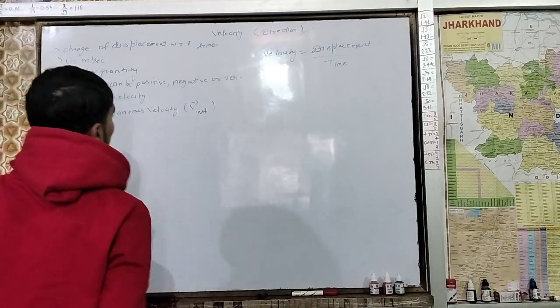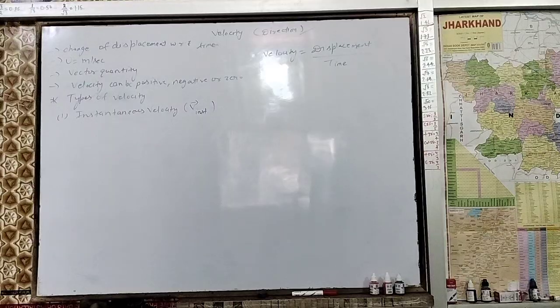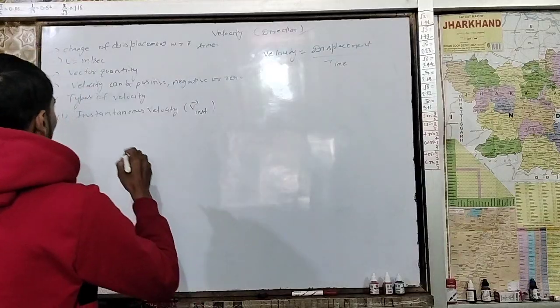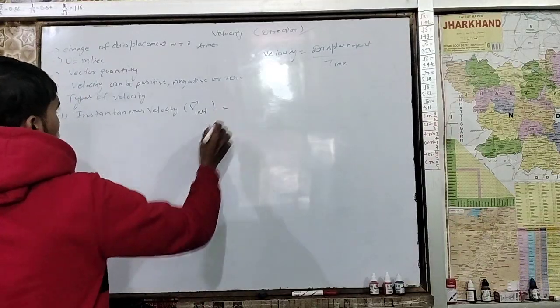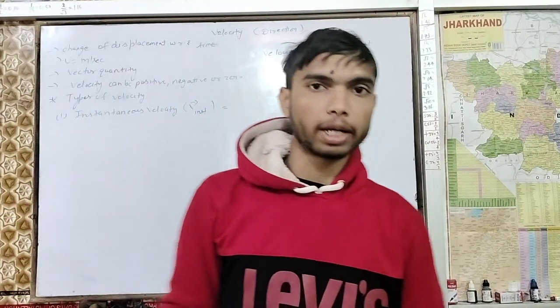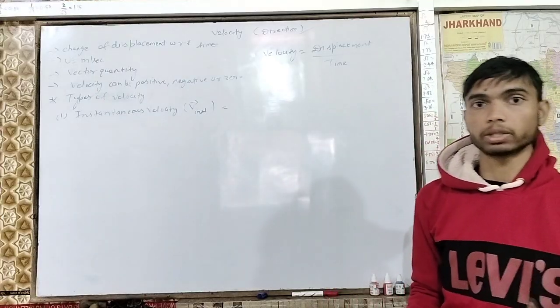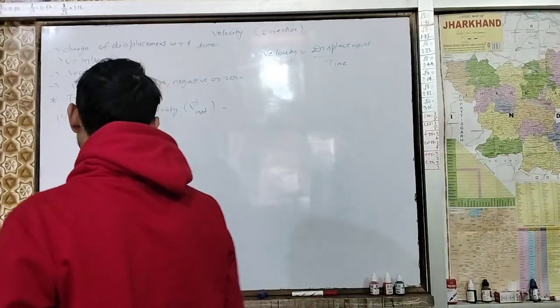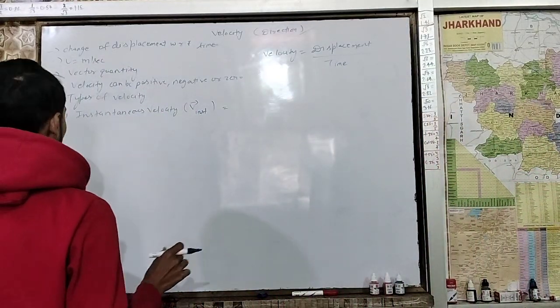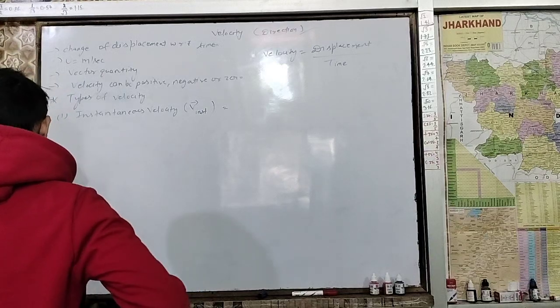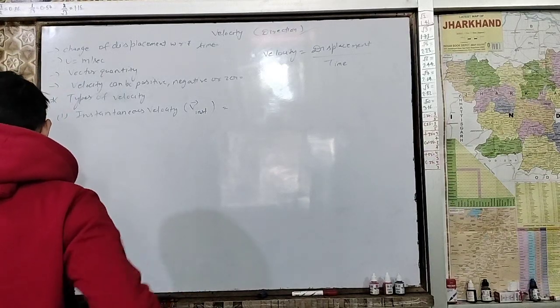Clear? The arrow is representing that it is a vector. So what is the meaning of instantaneous velocity? Velocity at a particular time. What is the velocity of an object at that moment? Current velocity, instant velocity.